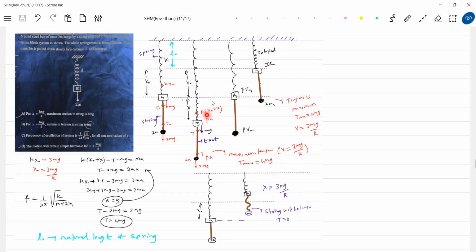So let's write the equation: k(x naught plus x) minus mg minus T is equal to ma. This is for the upper block. For the lower block, T minus 2mg equals 2ma. Since we know from equilibrium, kx naught equals 3mg.